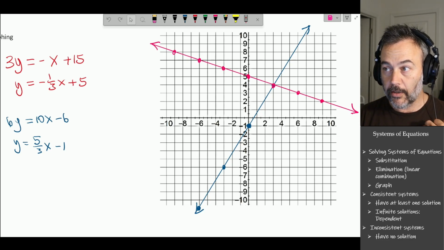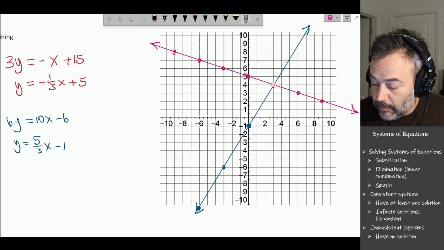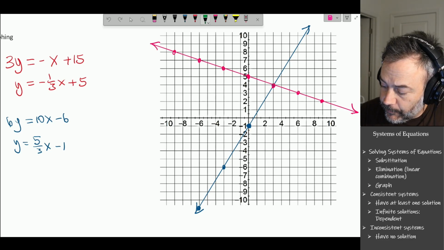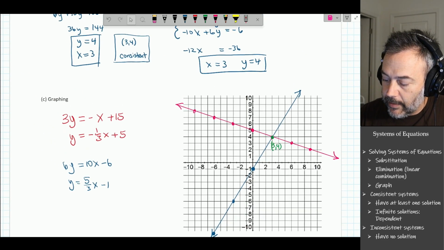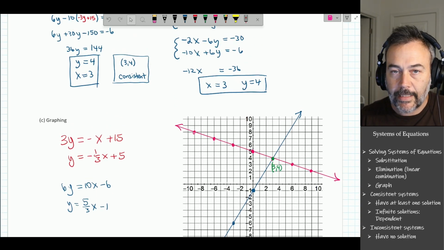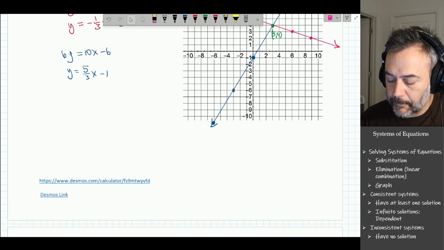They are not parallel, so they intersect at exactly one point, and the coordinates of that point are exactly (3, 4), the same solution we got algebraically above. So again, this is a consistent system with a single solution, so it's not dependent.